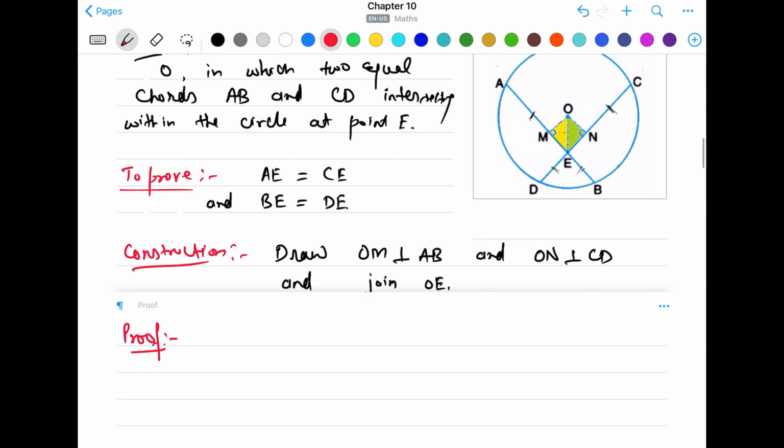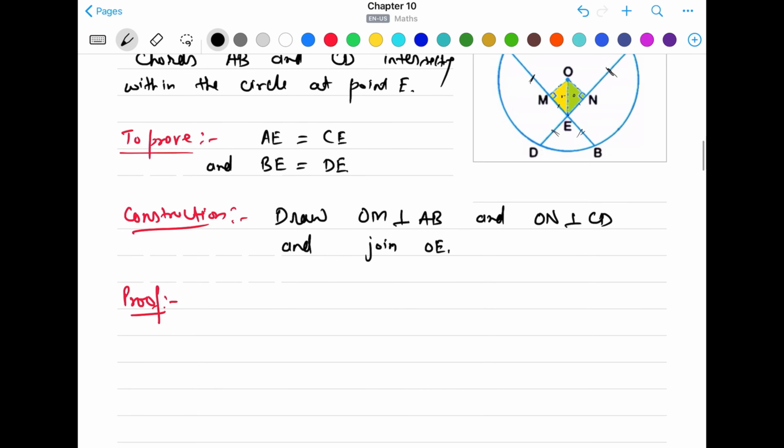Proof here is, first we are going to prove that these two triangles are congruent. Okay, with that we'll get that the corresponding parts ME and NE will be equal. So let's start in this triangle OME and ONE.